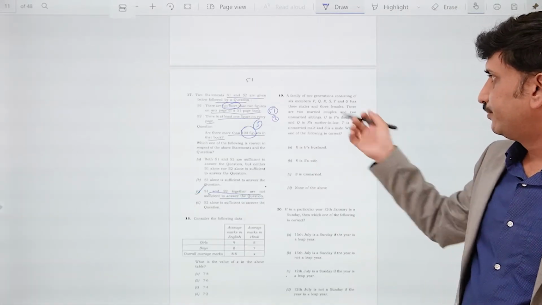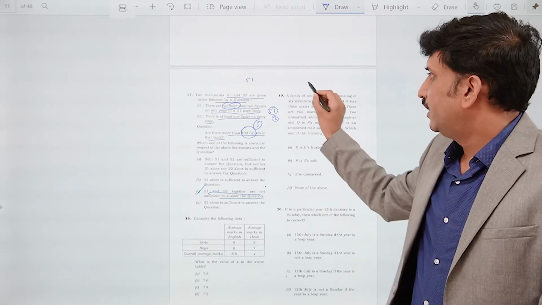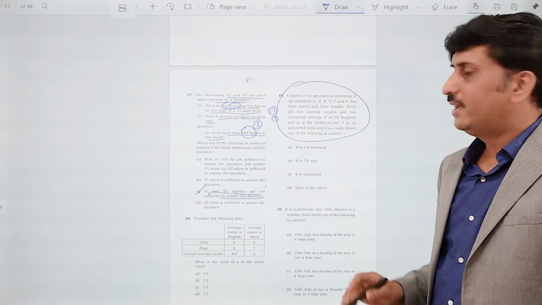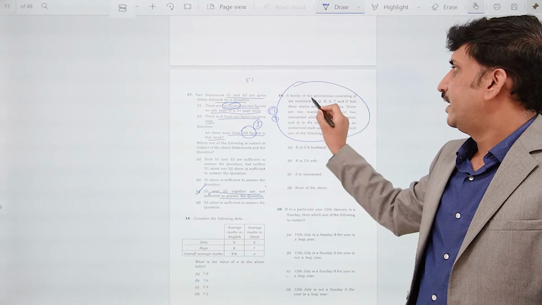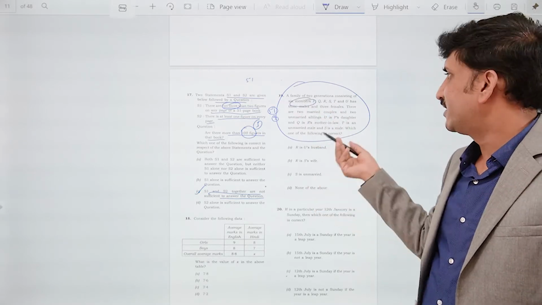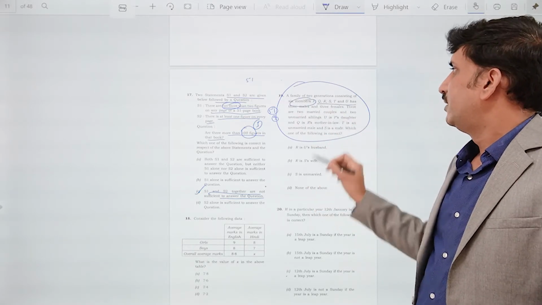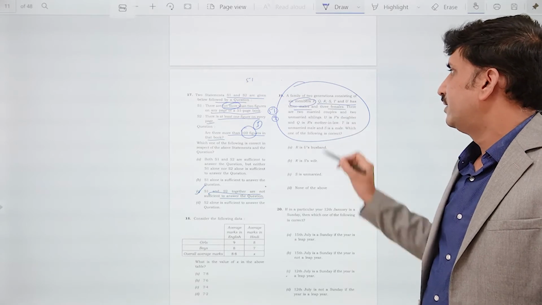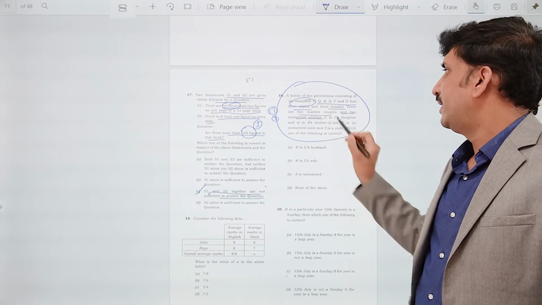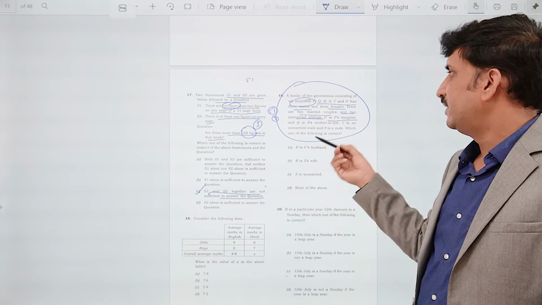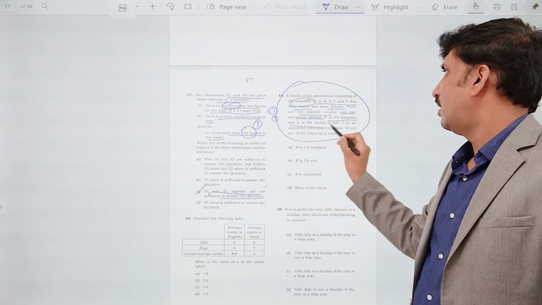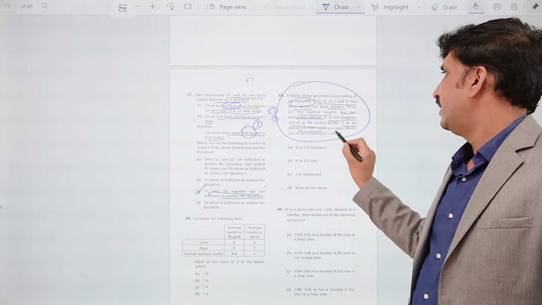And here they are asking about a family and their relationships. We are not going to solve that, just understand: 6 members are there, 3 males and 3 females, 2 married couples and 2 unmarried siblings. They are explaining the relations. U is the daughter, Q is R's mother-in-law, T is an unmarried male, S is a male.